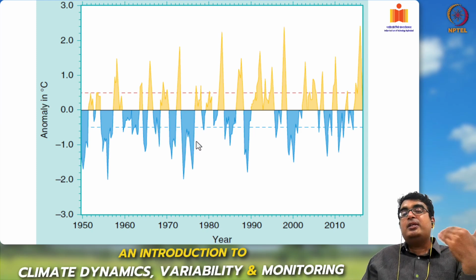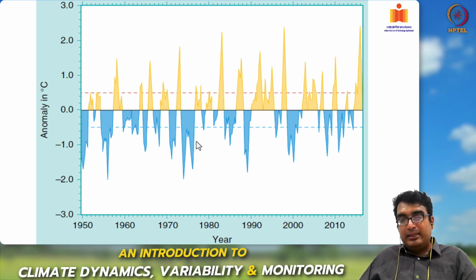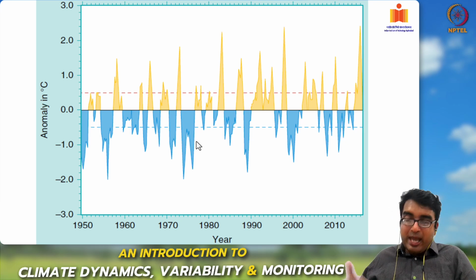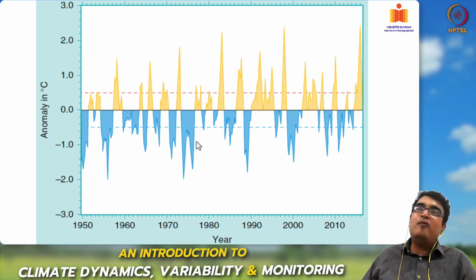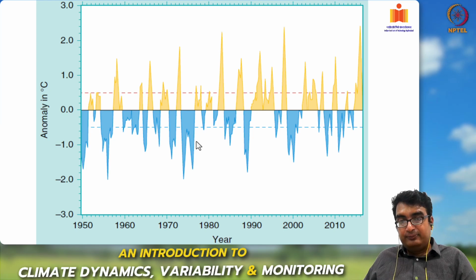The large deviations are specifically called the El Nino and the La Nina events. So 2 to 3 El Nino and La Nina events occur every decade, okay, where the oscillations are significantly over the normal range, either on the positive side or on the negative side.